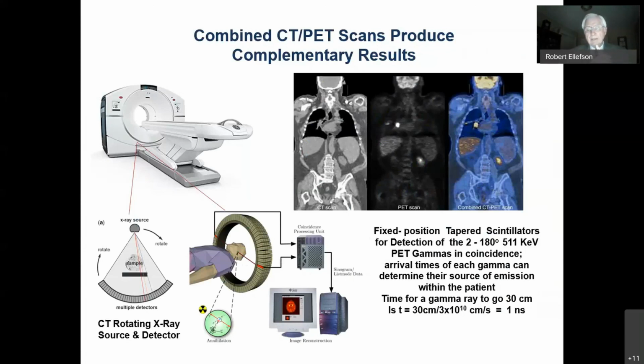So the first criterion is you measure a gamma signal in the gamma cameras, and you look for a signal at the camera that is 180 degrees across from you. Then you ask, are they within a nanosecond of each other? If they are, then you can look more carefully at the time arrivals of those signals. You can determine the position within the body from the center line, the equidistant point that they would have had to travel.